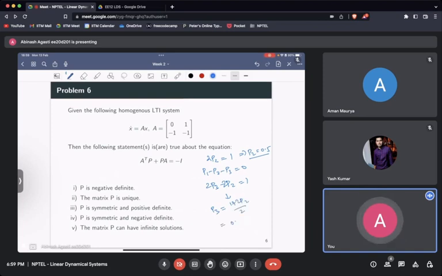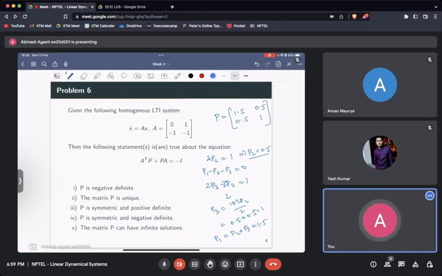So that is 0.5 plus P2, 0.5, which is 1. And P1 is equal to P2 plus P3, which is 1.5. So P is 1.5, 0.5, 0.5, and 1.